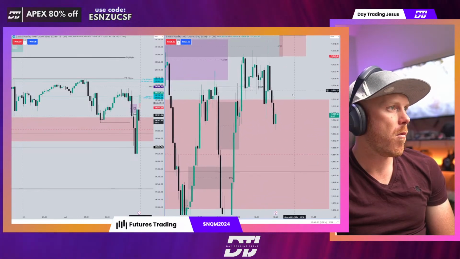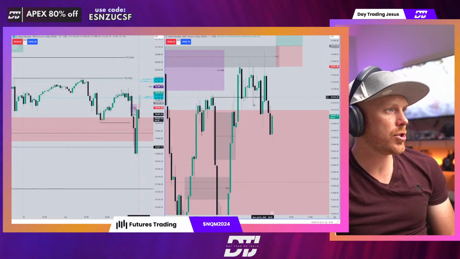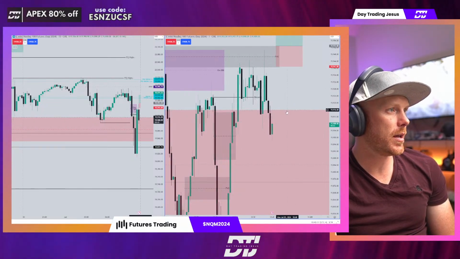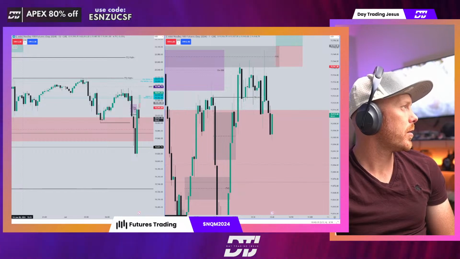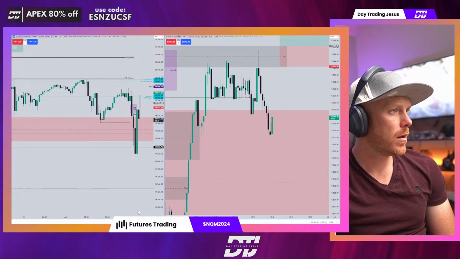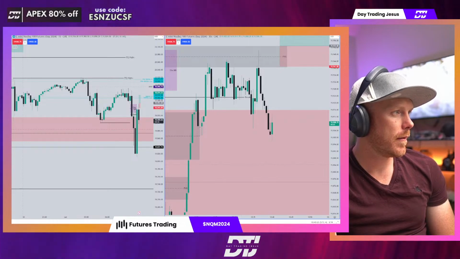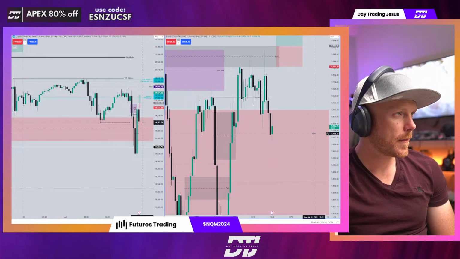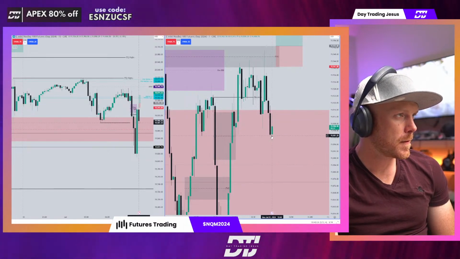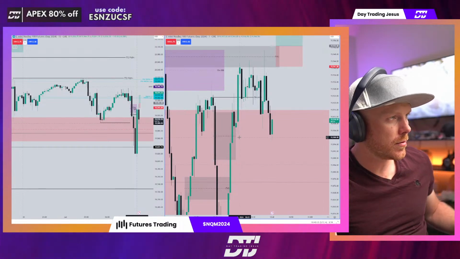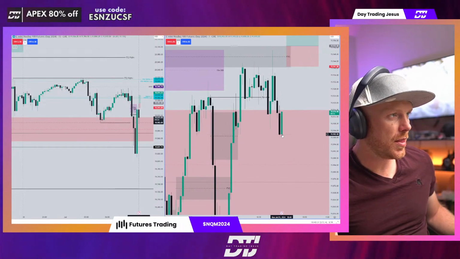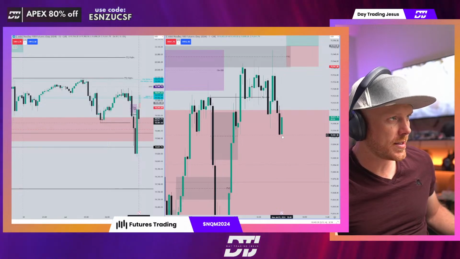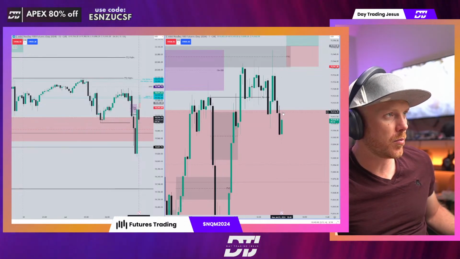Okay. So we have this inversion right here. Let's see what happens here. Do you got a 30 second in here? Not really. This full body candle closed right below this swing low. And then it runs that swing low really quick, and then it moves the other direction.